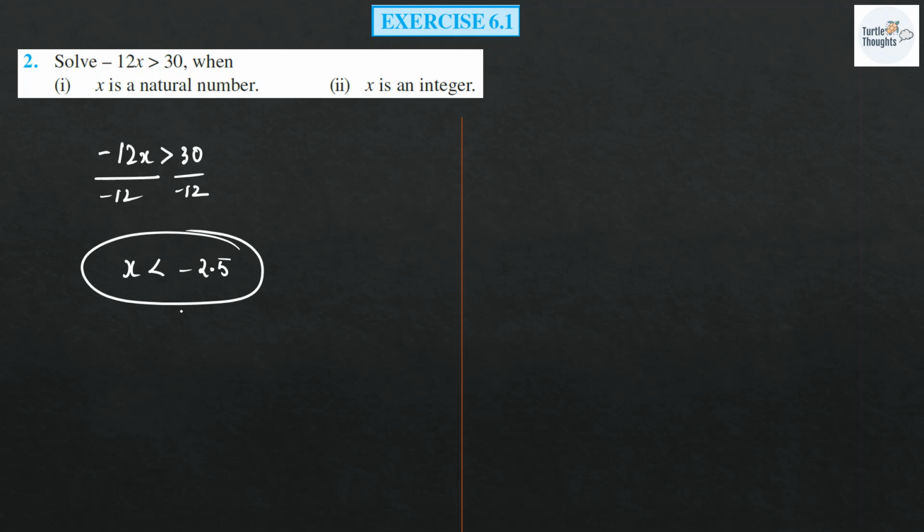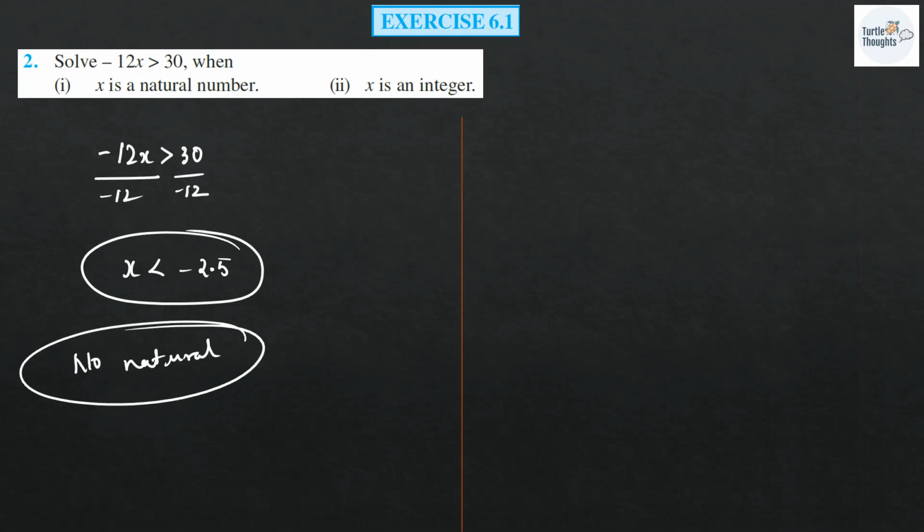Again, x is going to be a natural number. Which are the natural numbers which are going to be less than negative 2.5? No natural number. So there's going to be no solution at all for this one, meaning that you cannot have a value of x such that this inequality will come true if x is a natural number.